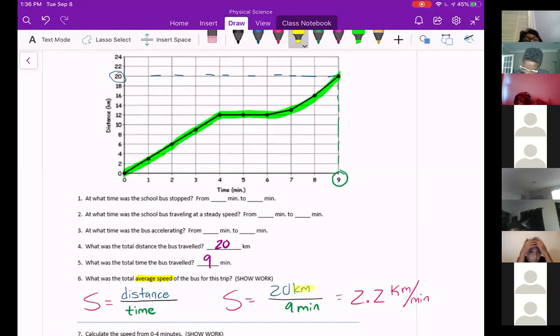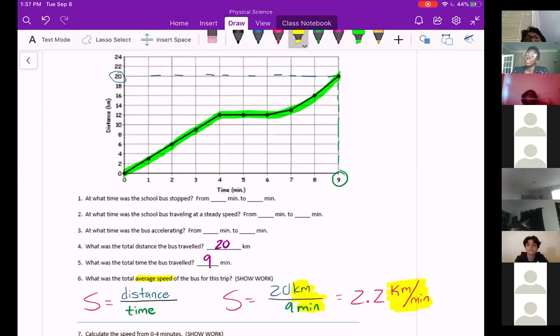So we took a kilometer and then we divided it by a minute. It's just saying what we're measuring. Does that make sense? We measured 20 kilometers in 9 minutes. So this is kilometers divided by a minute. And now as we do more, it'll make more sense.